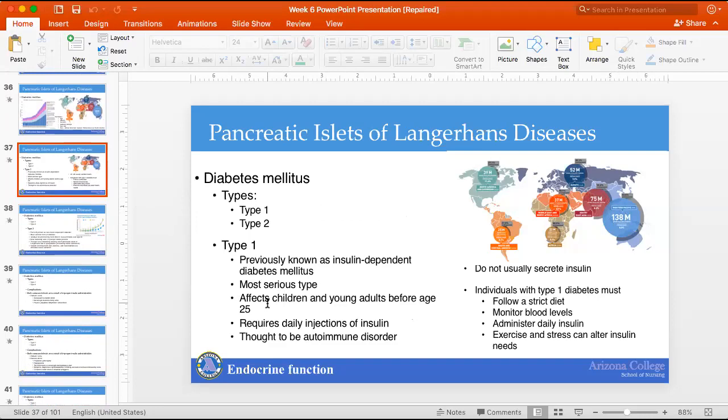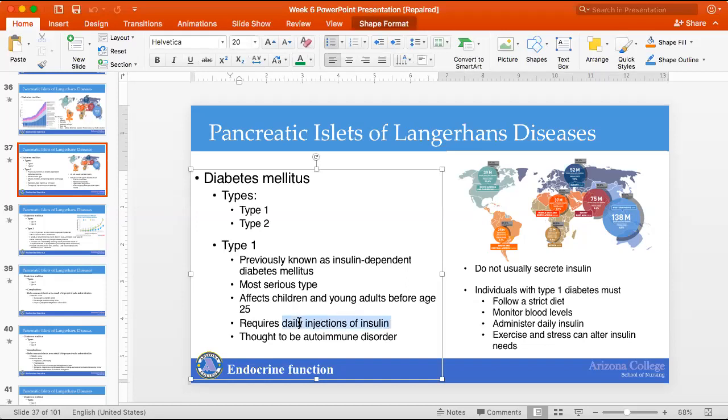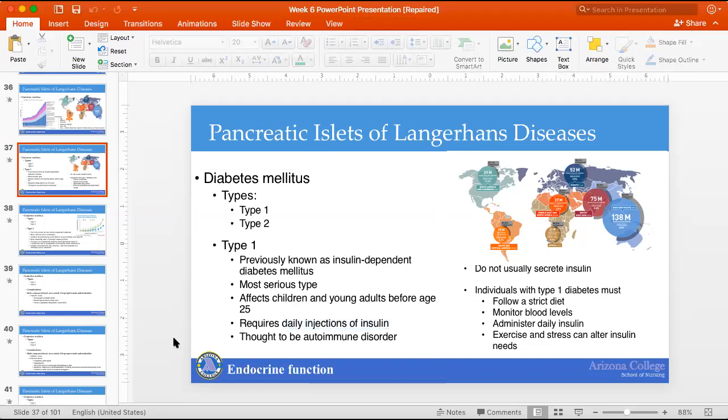They don't have any way of taking it into their cells because they don't produce this insulin. They then need to inject themselves with insulin. And there needs to be a certain amount of insulin that they give themselves depending on what they eat, so they know, this is how much I should lower my blood sugar.